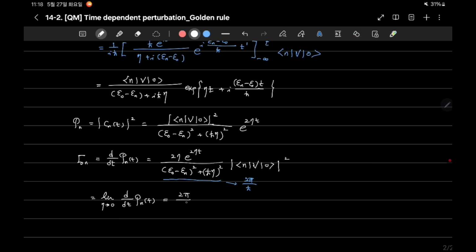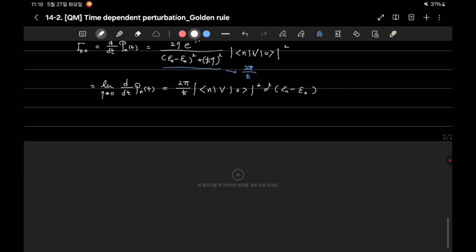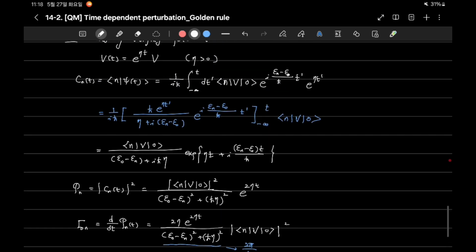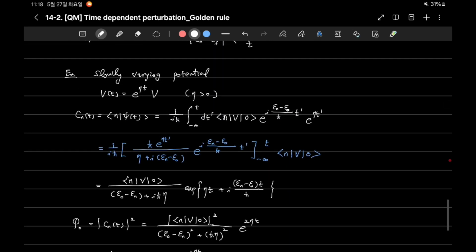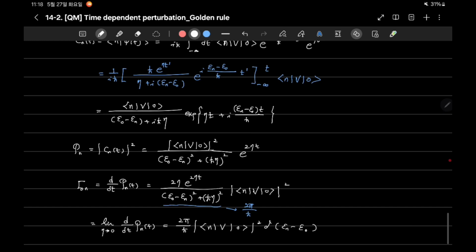So it is 2π over ħ, |⟨n|V_0|i⟩|², and the delta function δ(ε_n − ε_0). That is for the very small η case. Anyway, the transition probability can be calculated by multiplying ⟨n|ψ(t)⟩, |C_n(t)|², and the transition rate is the time derivative of the transition probability.